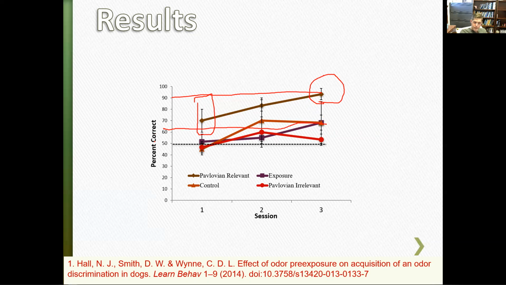So Pavlovian is important. It can help improve our training performance and transfers over to detection training trials. So it's an important and convenient way to improve and satisfy detection training.